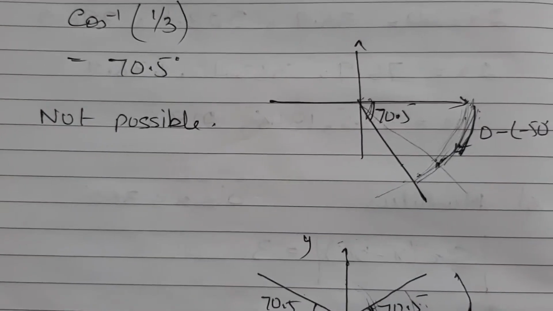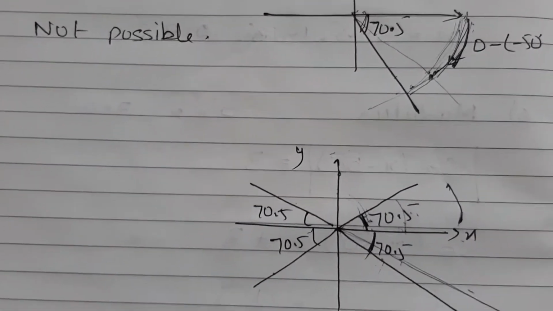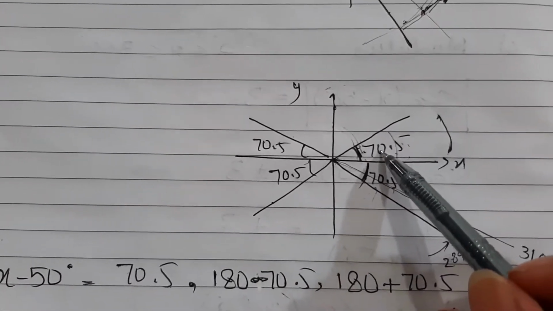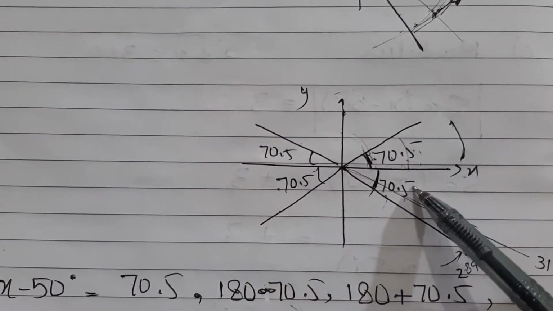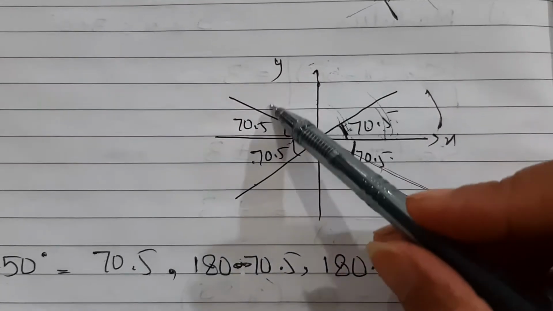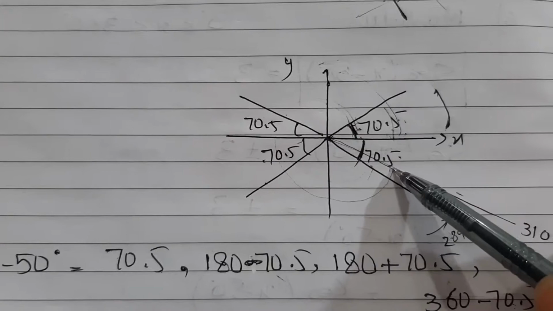Let's talk about the rotation from 0 to 310 degrees. The basic angle is 70.5 in all 4 quadrants. Now I will start rotating from here, and I have to go all the way till here.